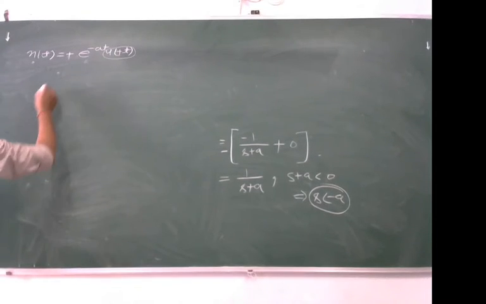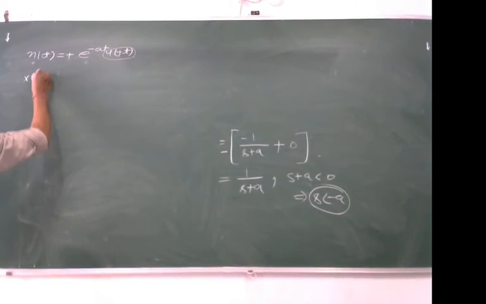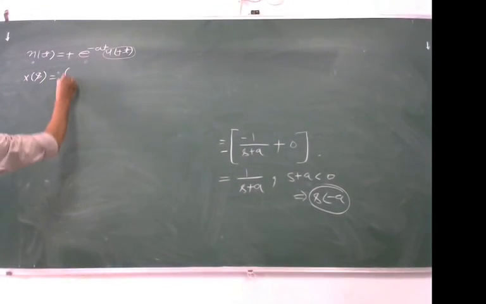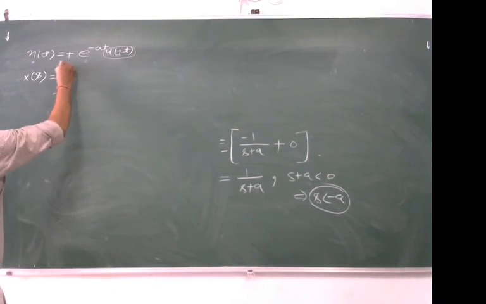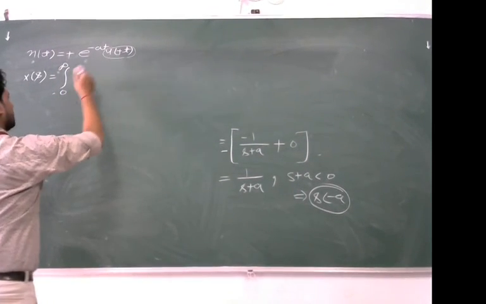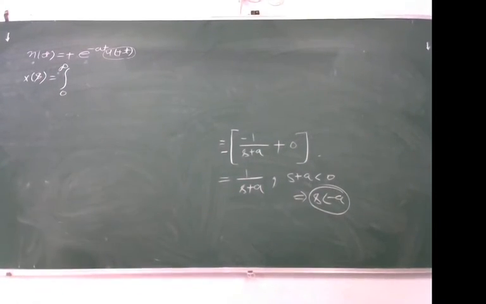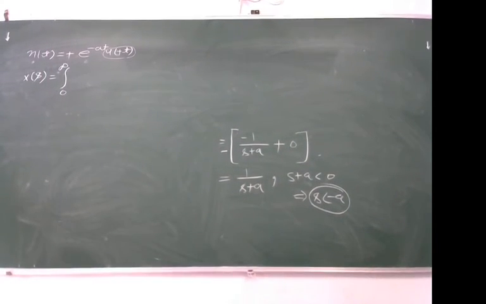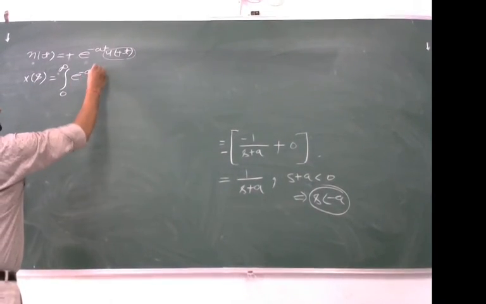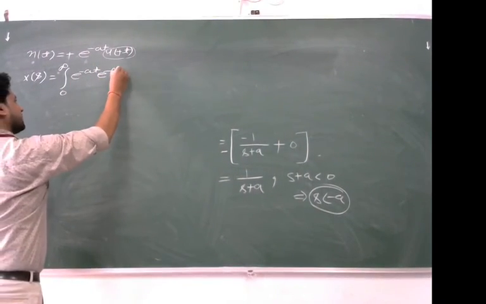So the Laplace transform of this signal will be the integration from 0 to infinity, because u(t) will exist only for positive values of t, of e power minus at e power minus st dt.